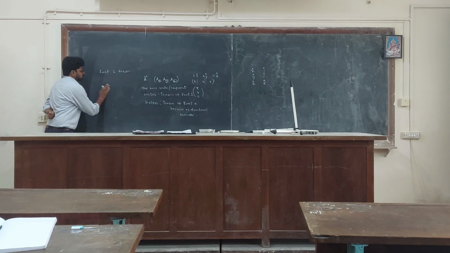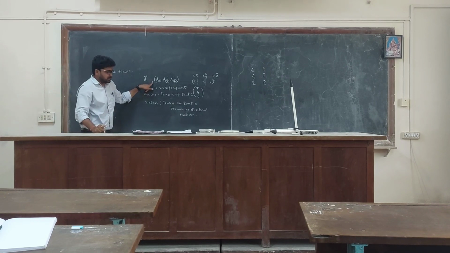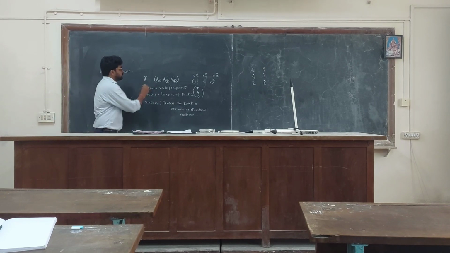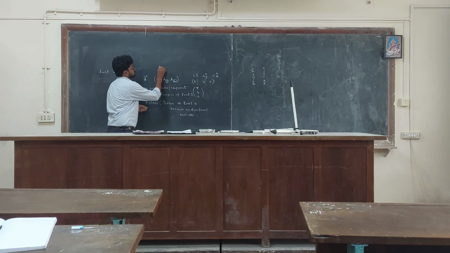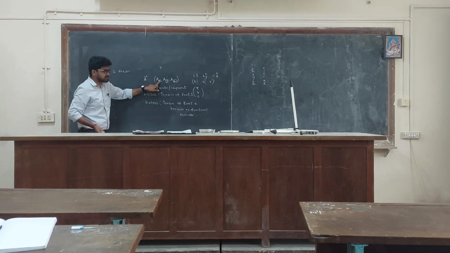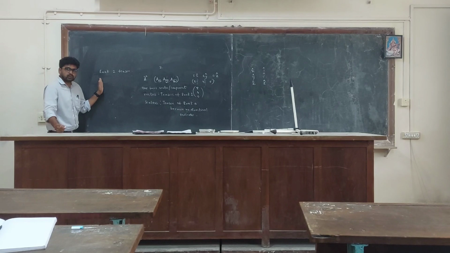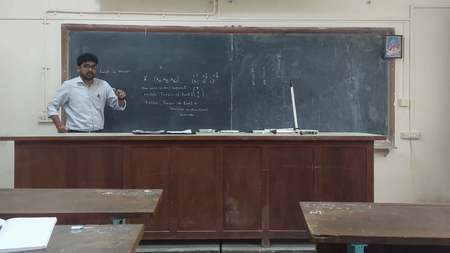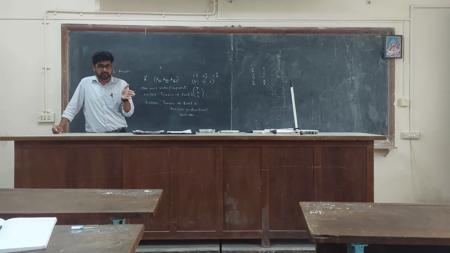So this is a rank 1 tensor. A rank 0 tensor is a scalar. Scalar means a pure number, something like a random number 2 or 3. It is a scalar. This is a vector. So how should a rank 2 tensor be? To represent a rank 2 tensor, how many components and how many basis vectors do we need? 2 basis vectors. And how many components?